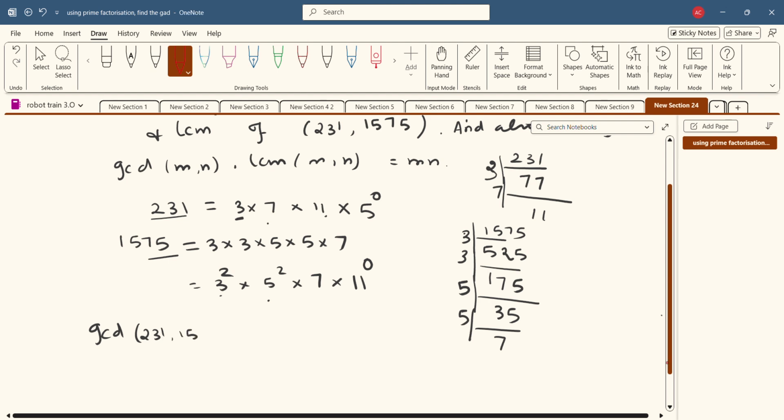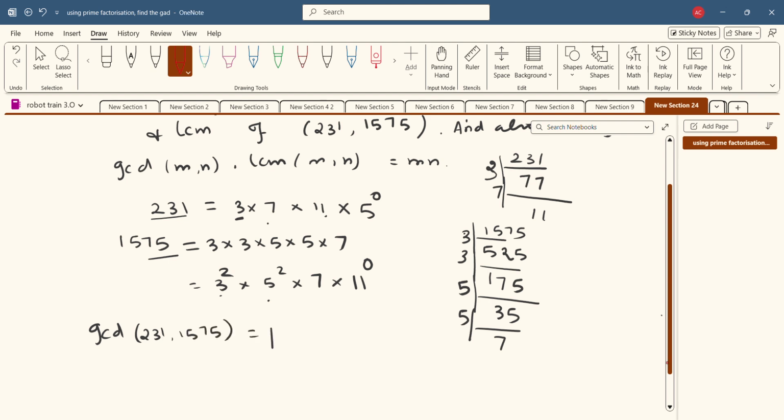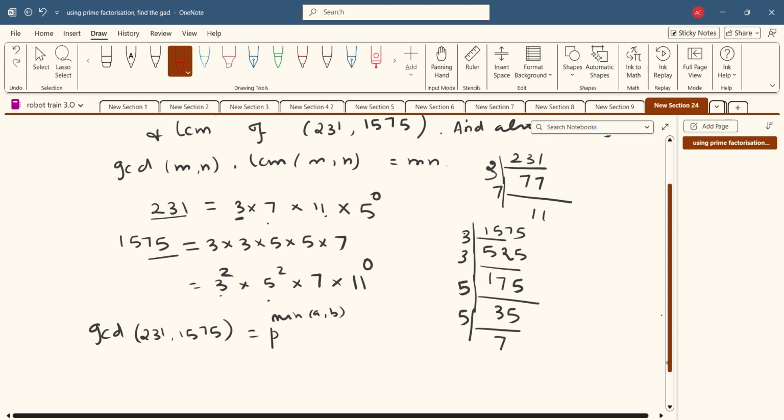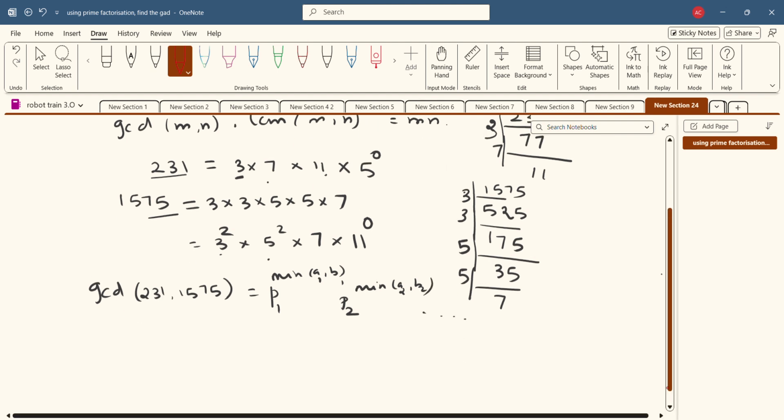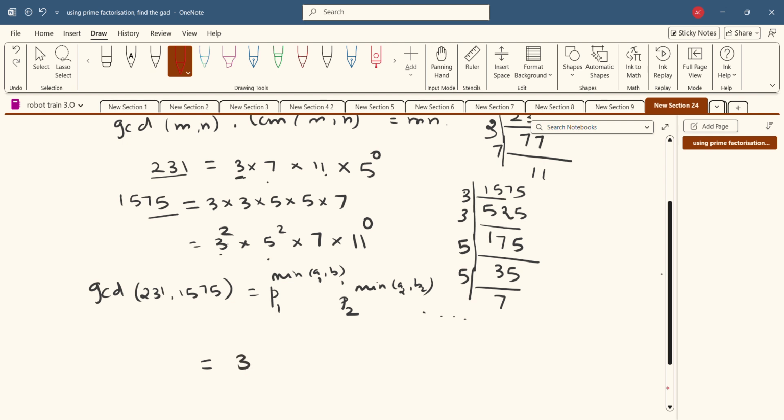Next we find the greatest common divisor of the two positive integers. You know the formula: p1 to the power of the minimum of a1 and b1, times p2 to the power of the minimum of a2 and b2, and so on. For the prime number 3, the powers are 1 and 2, and the minimum is 1, so 3 power 1.